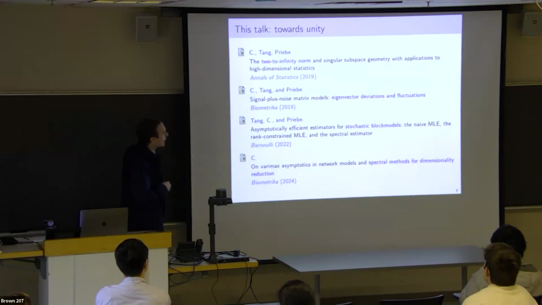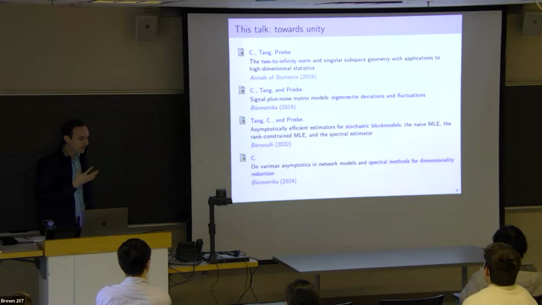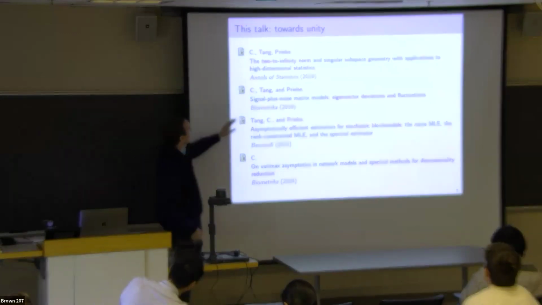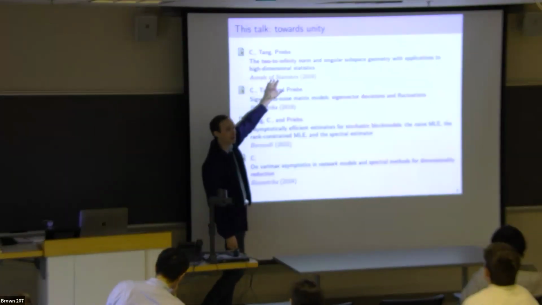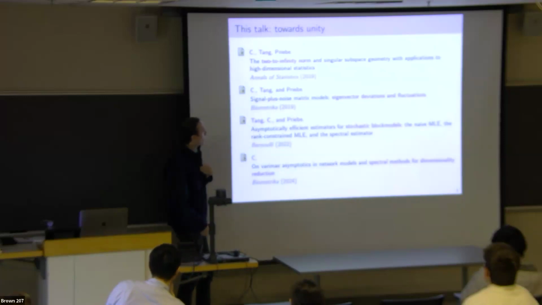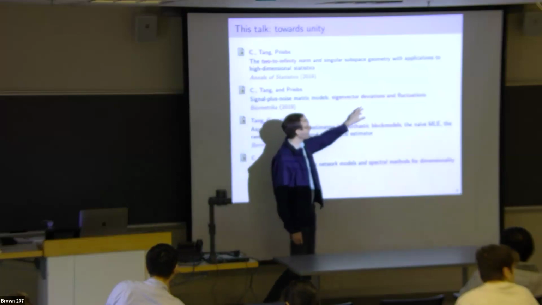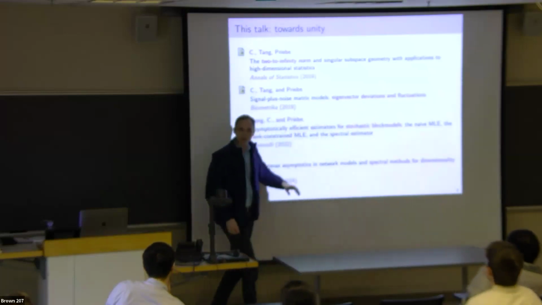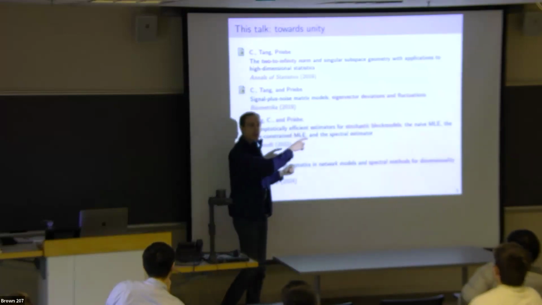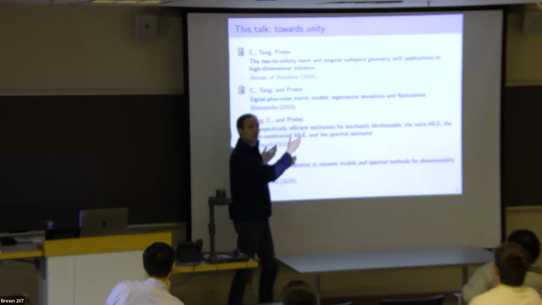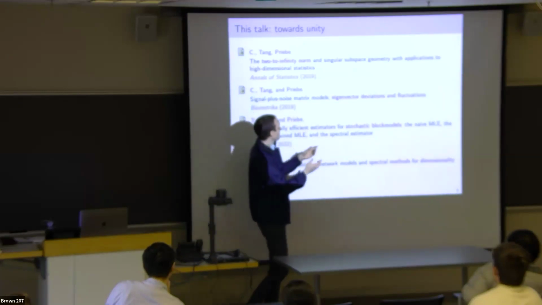But here I'm just highlighting some of the keywords from the paper titles, which I hope you'll leave today having some impression of. The first is going to be that we're going to work with a particular norm, the so-called 2 to infinity norm. We'll introduce that in just a moment. We're going to talk about eigenvector deviations and fluctuations. We saw on the spectral clustering slide that we computed a matrix of leading 2 eigenvectors, right? So we saw that already.